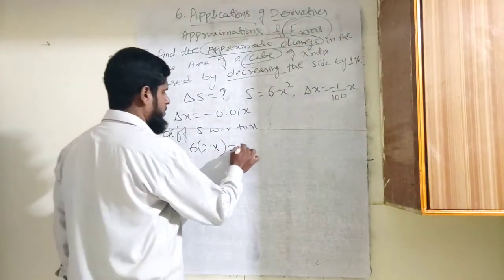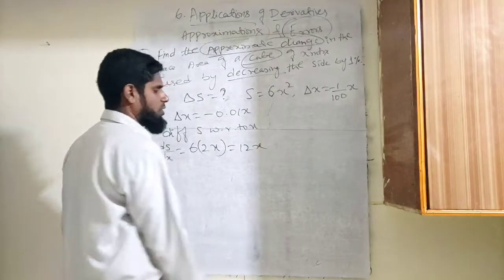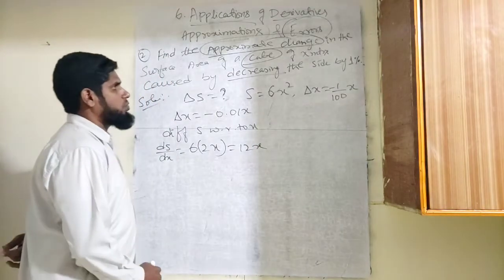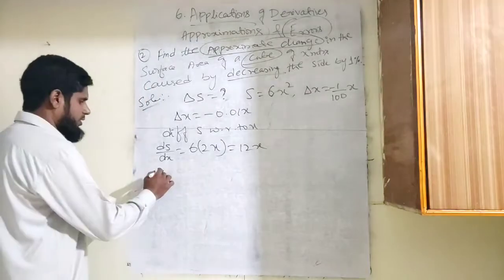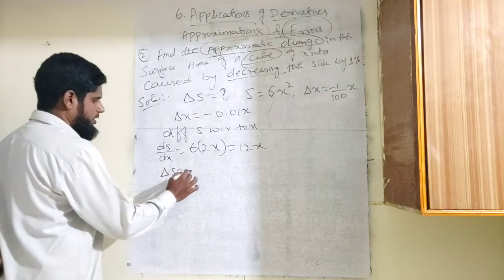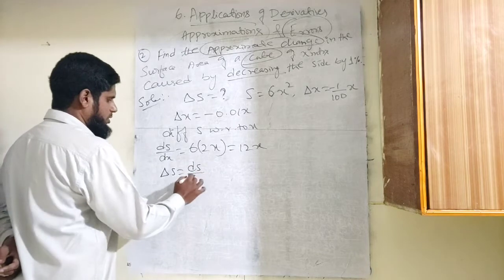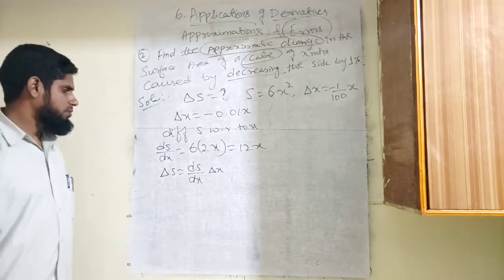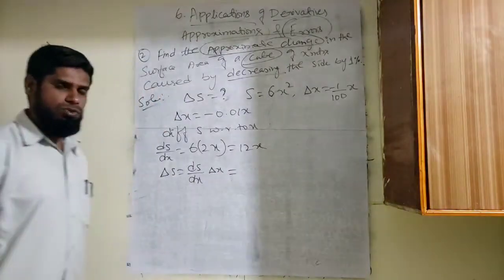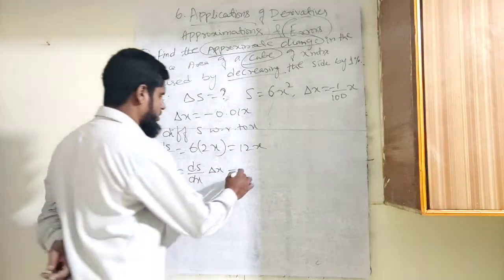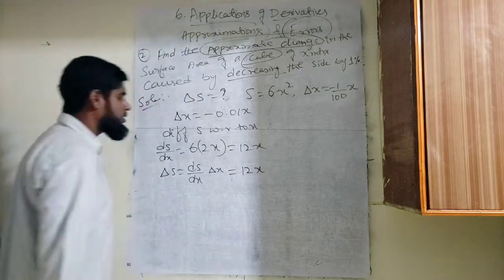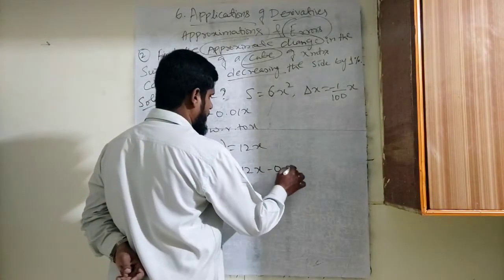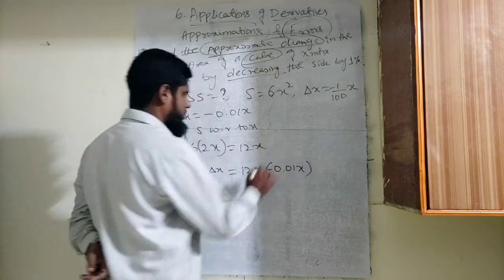Finally, we will get 12x. So, what is the formula we will get? Delta S is equals to dS by dx into delta x. This is equals to dS by dx is 12x. Delta x is minus 0.01 into x.